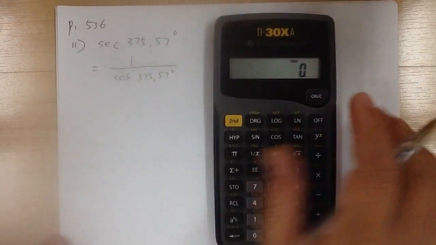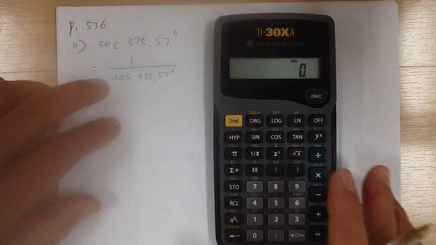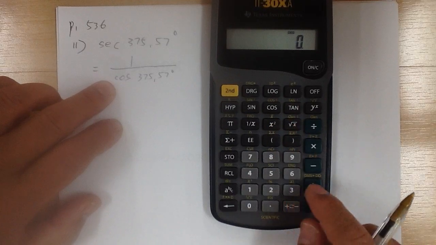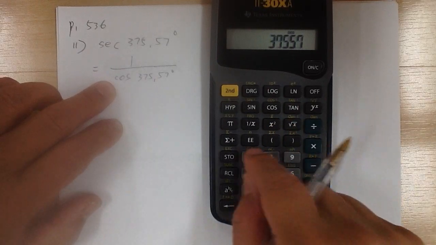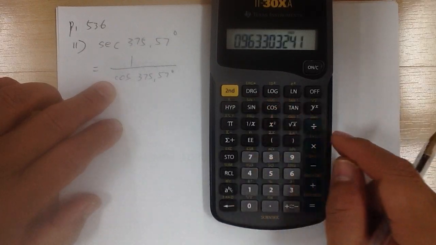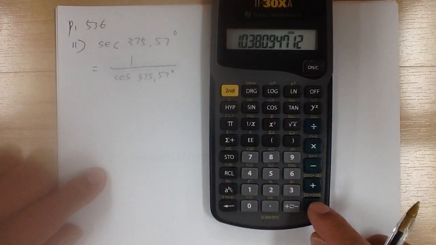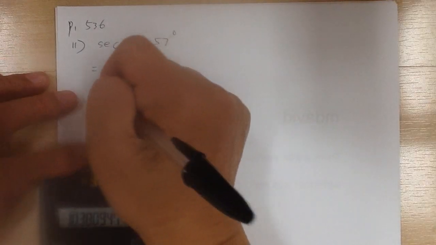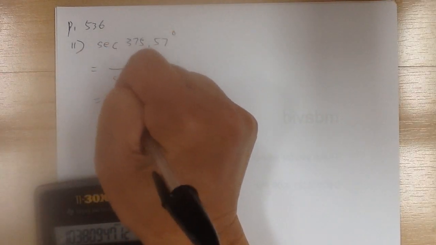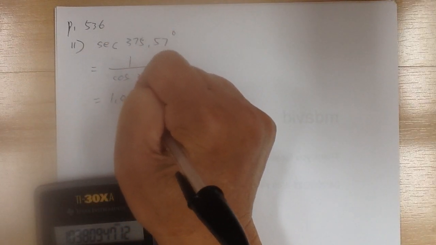So make sure you do that first. Now you can go and do that. Okay, so 375.57. Okay, take the cosine of that, and then don't forget to flip it over, so it'll be 1 over x. Okay, so this will equal 1.038.